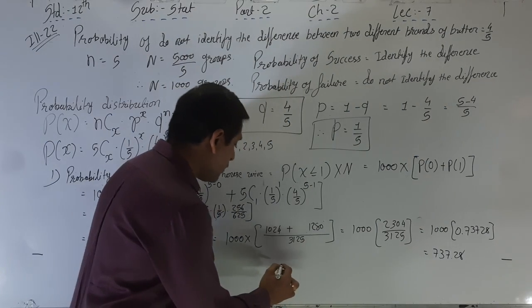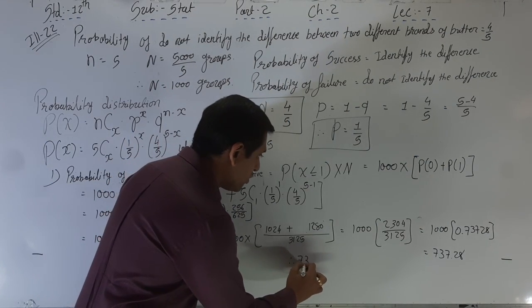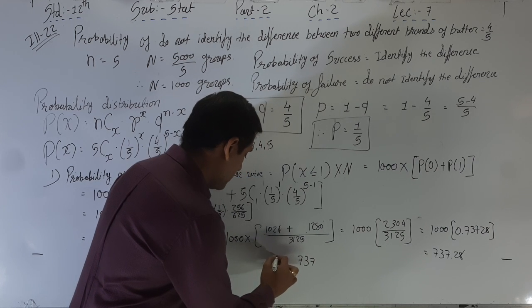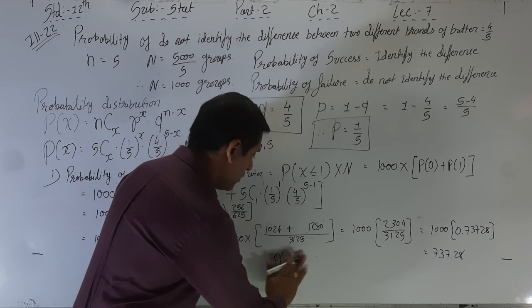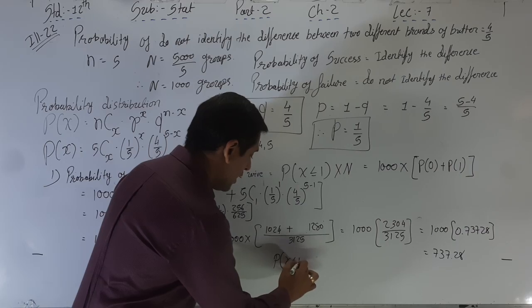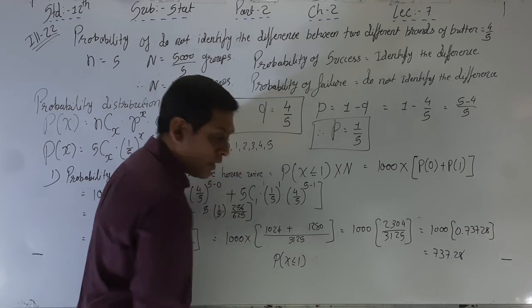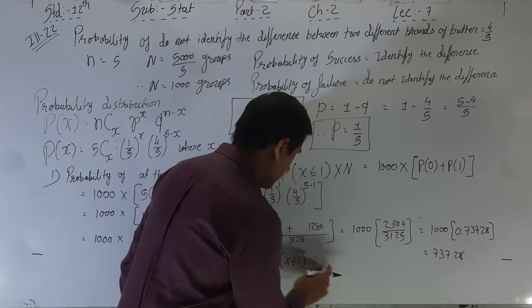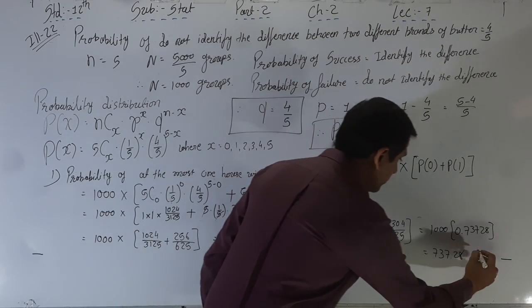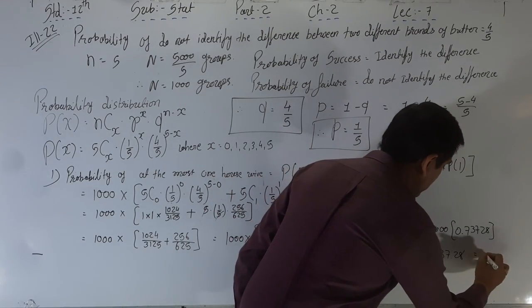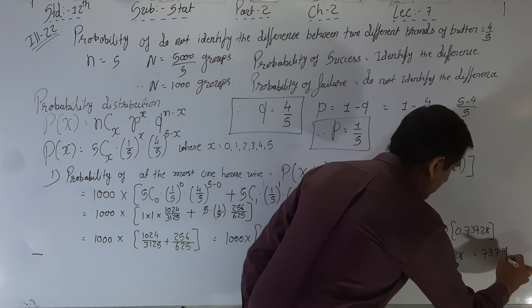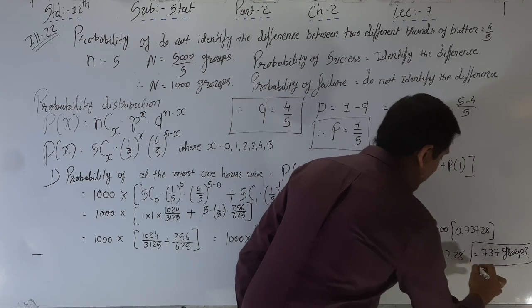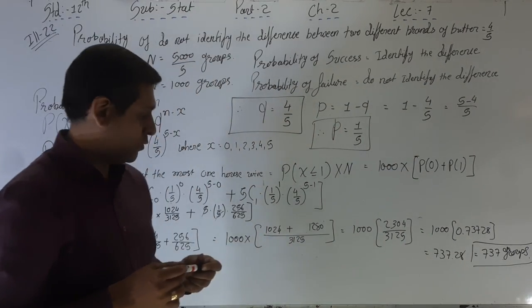That's why we can say here, 737 as a round figure. P of X less than or equal to 1 is equal to 737 groups. This is your final first answer.